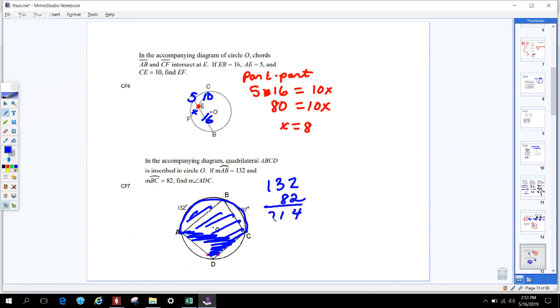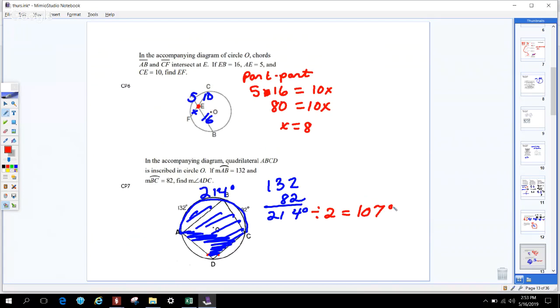So now I know this entire arc is 214. How many degrees does angle ADC have to be then? No. How do we go arc to angle? Divide by 2. So you get 107 degrees.